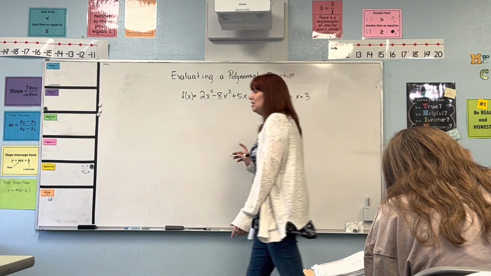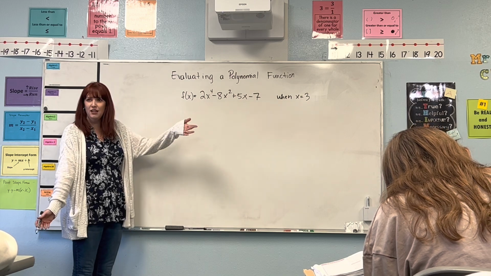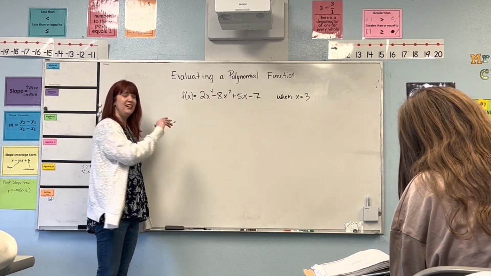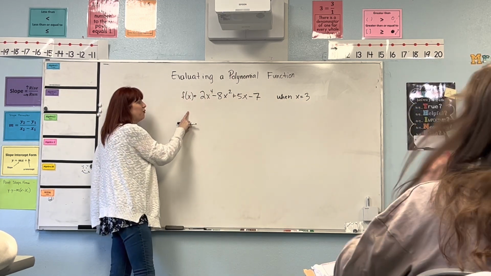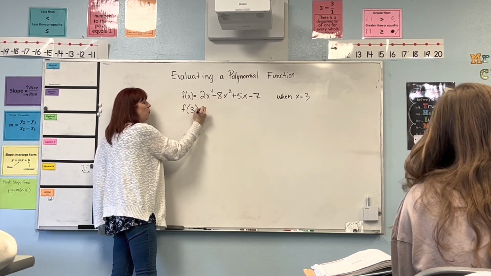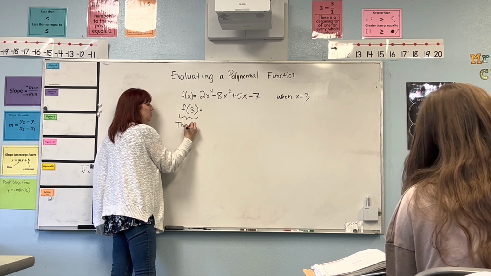The easiest way to evaluate, or not easiest, but the most common way, would be combining like terms, but there are no like terms. So when x is 3, for this notation, if you've ever seen this, you would say f of 3. What this means is I'm plugging in 3 for x.